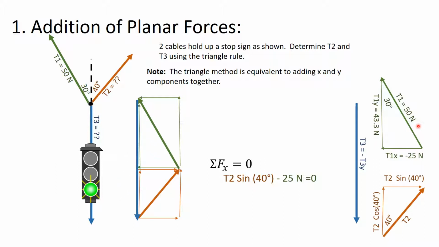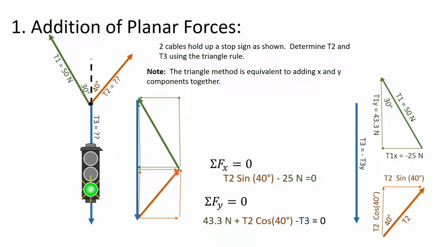Similar for our y components. Okay, so everything in the y direction here that's going up, so we have the green arrow has a positive y component, the orange arrow has a positive y component, and everything coming up has to be equal to everything coming down.